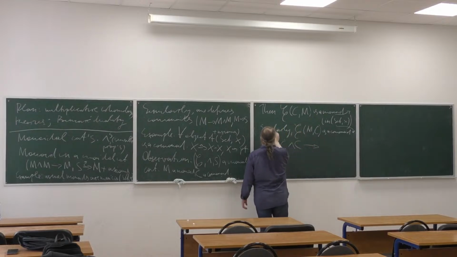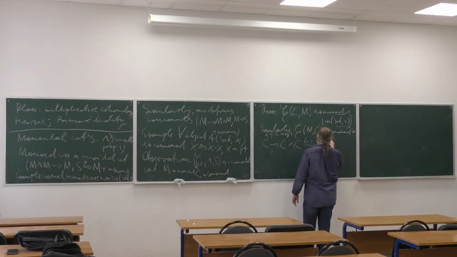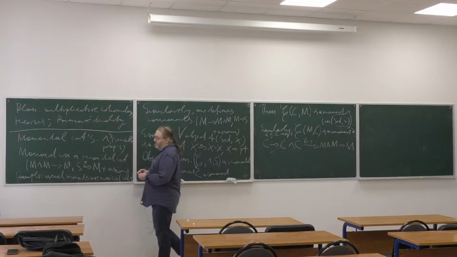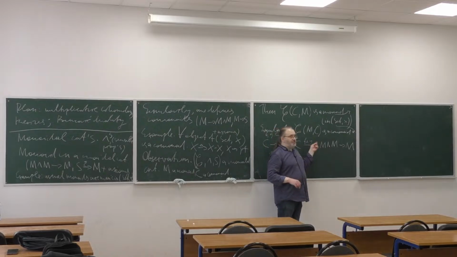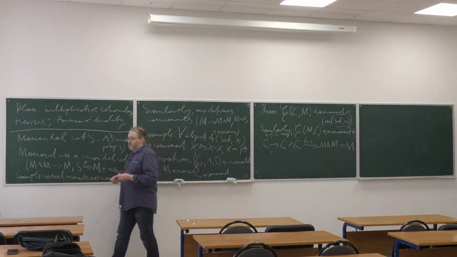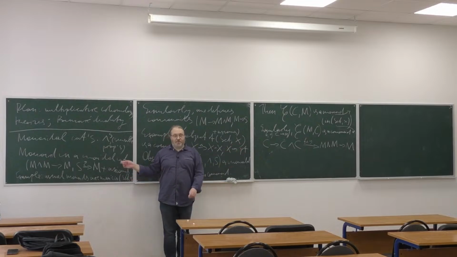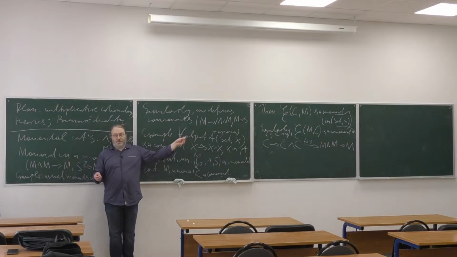And suppose I have two maps, F, G from C to M. I first take the coproduct for C, then take F smash G, and then take the product for M. And it's easy to check from the axioms of monoids and comonoids that this product is associative.